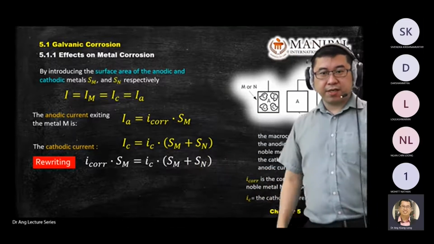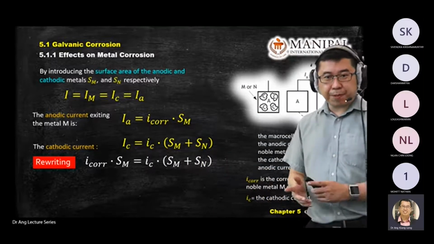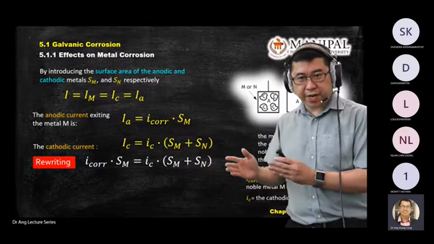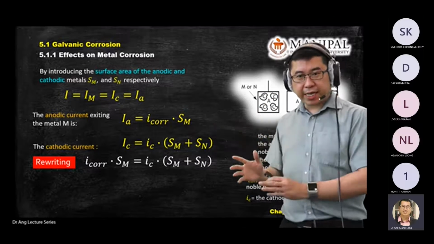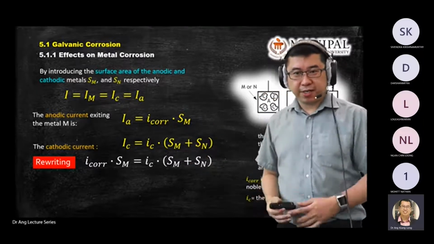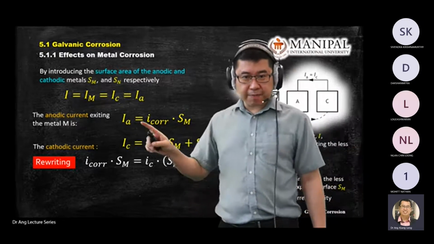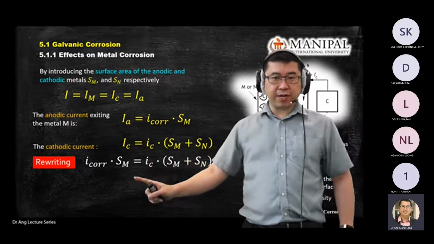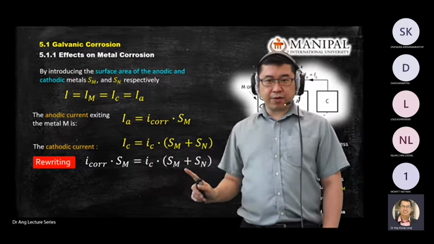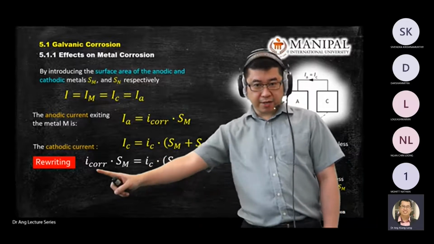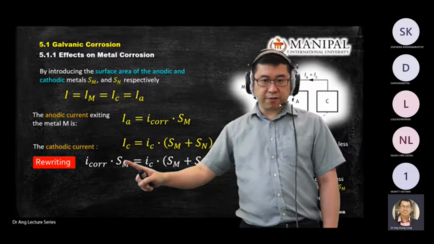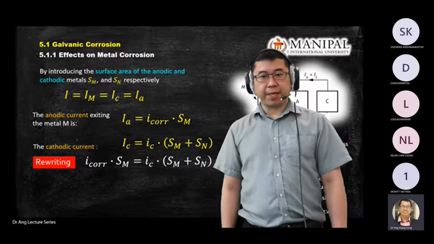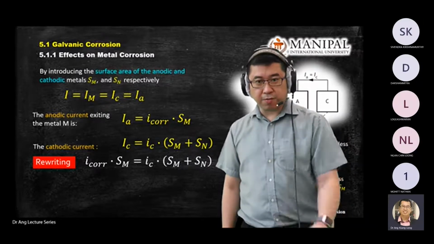This equation, you rearrange again. The purpose is to get what? The purpose of rearranging, or using these three equations, is to find the corrosion rate, which is i sub CORR. How do you find i CORR? You move your S M to the right side. How do you move it? Divide, right? You divide both sides of the equation by the surface of M, the anodic or less noble metal.